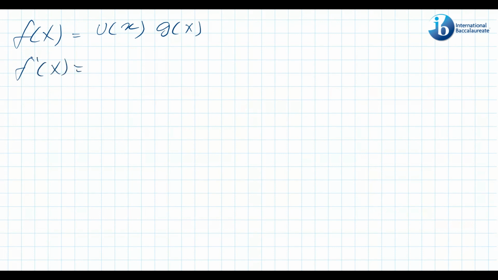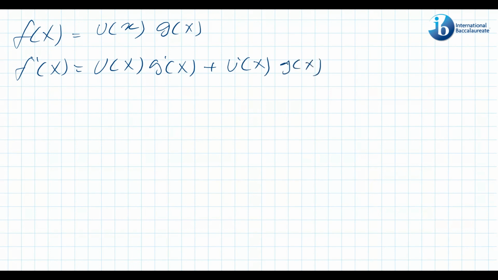If you have f of x equals u of x times g of x, simply, to find the first derivative, it becomes u of x times g dash of x plus u dash of x times g of x.